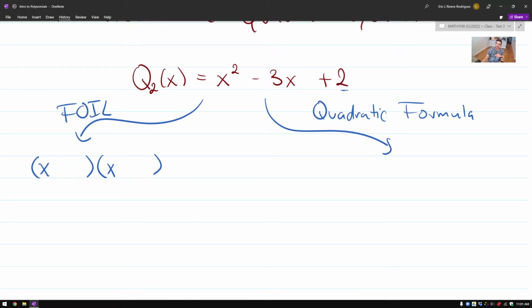And then those two numbers, when we add them, we need to get -3. So what are those values?